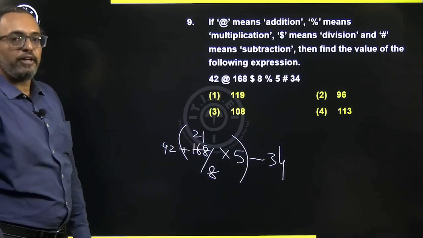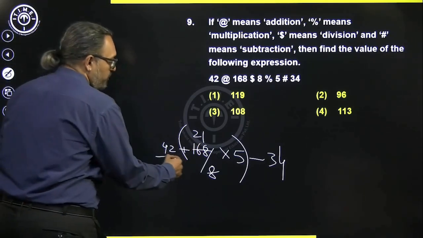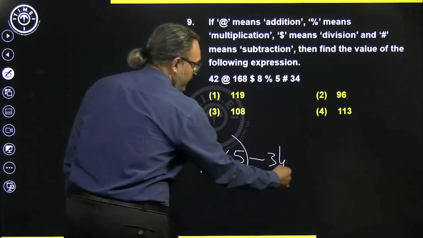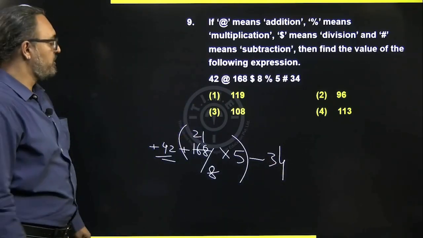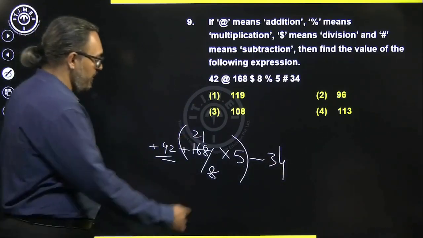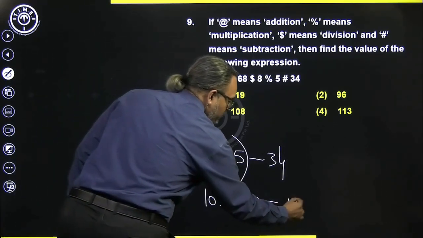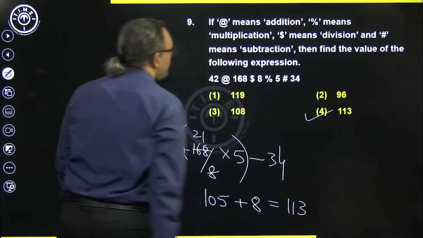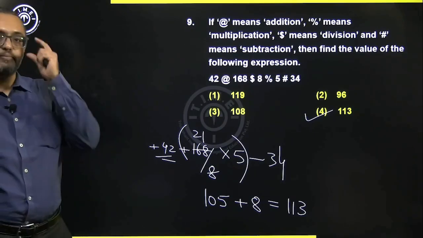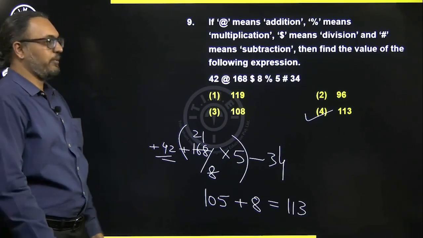So 21 into 5 is how much? 105. Now this is plus 42 and this is minus 34. So 42 minus 34 is 8, plus 8. So here I have 105 plus 8. So basically this is 113, and I do have the answer option 4. Correct? Okay.